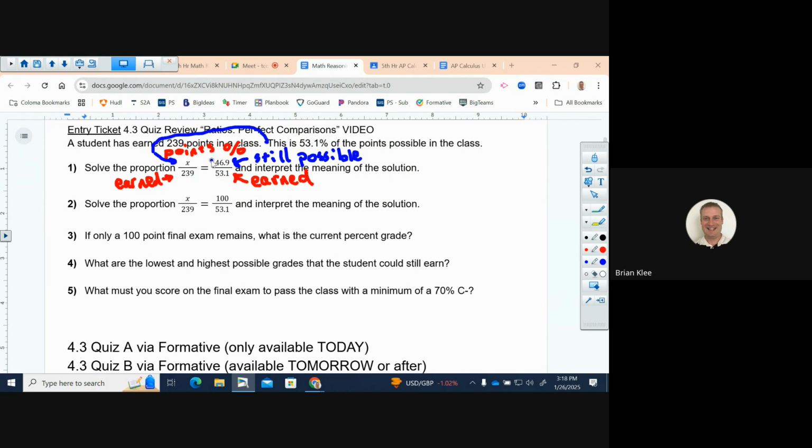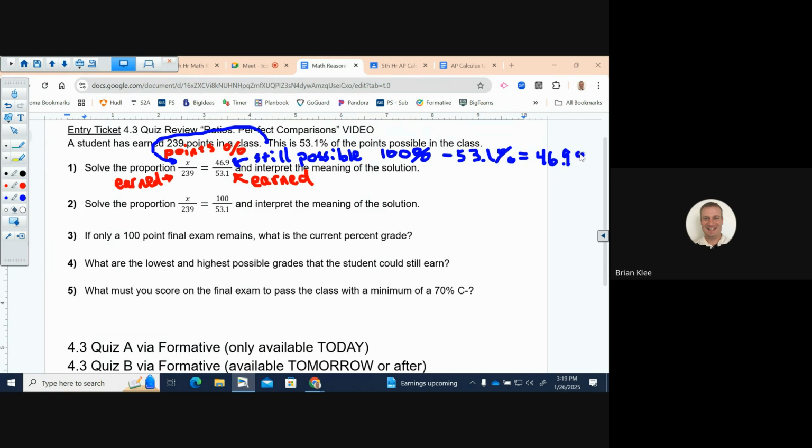So when we write a proportion, we need to think about what is stacked in one fraction, what is stacked in another fraction, what in the one ratio is proportional to the other ratio. So across the top of the ratios, we have the points still possible. If you do 100% minus 53.1%, you will get 46.9%.